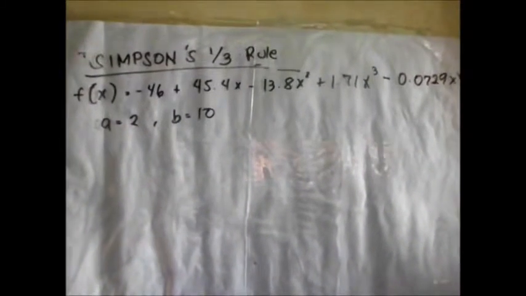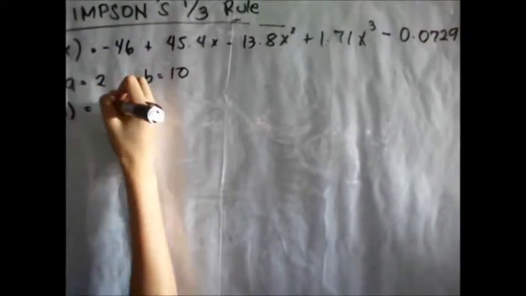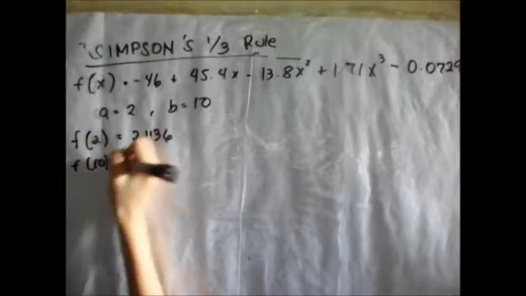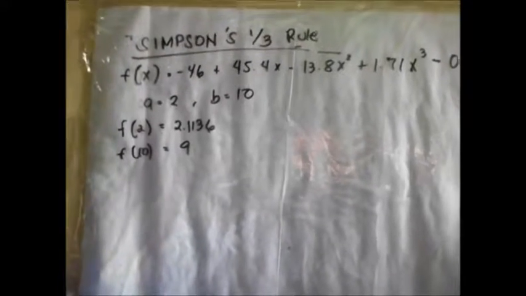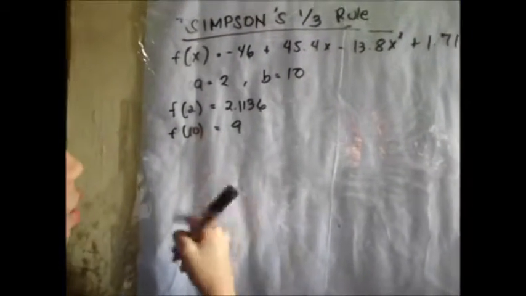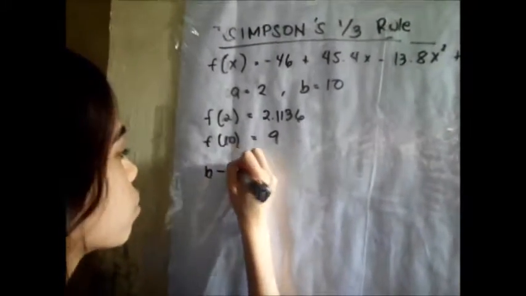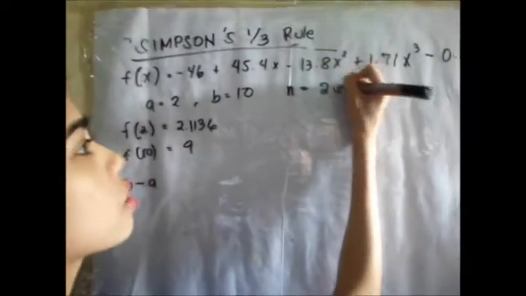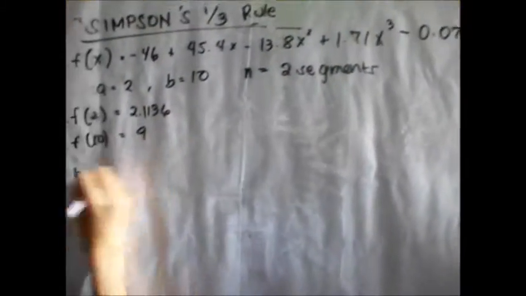A while ago, we already found the value of f of 2, 2.1136. Then for f of 10, we have 9. In Simpson's rule, we find another function value by having b minus a, with n equal to two segments, so we divide it by 2.